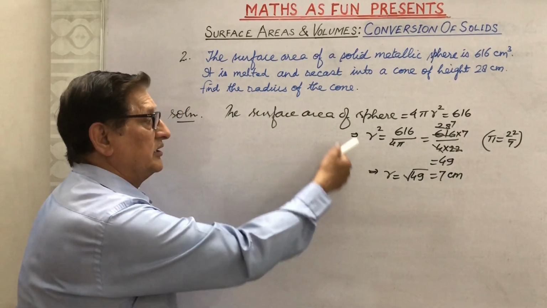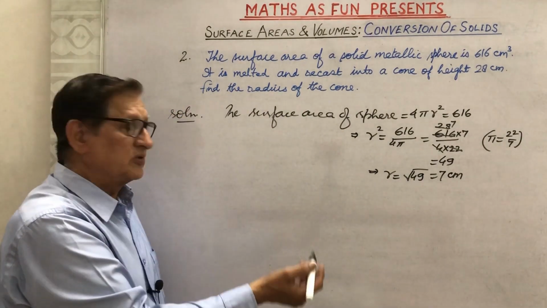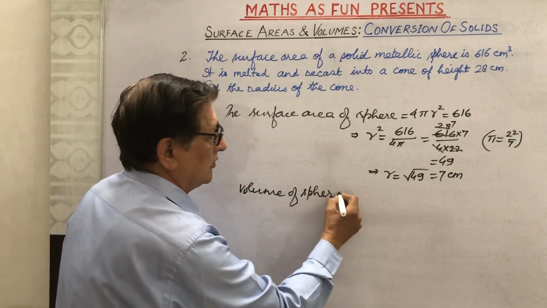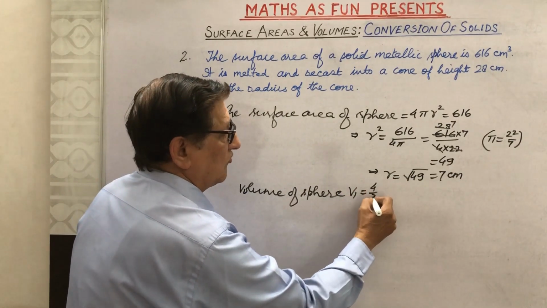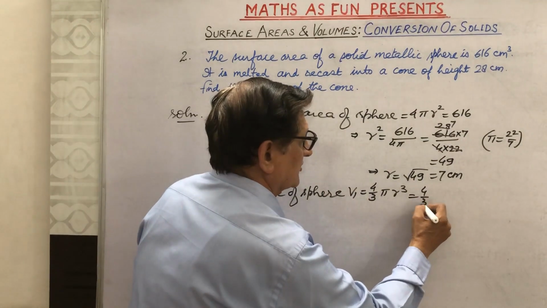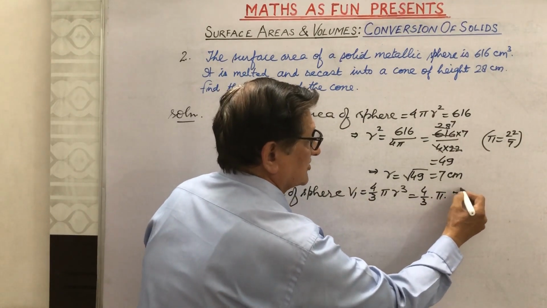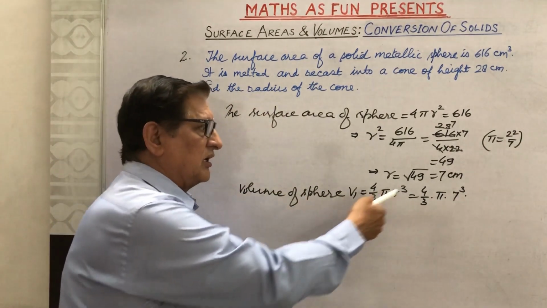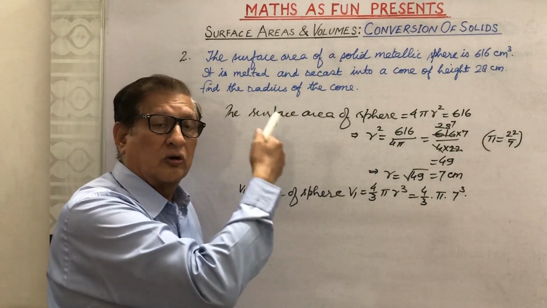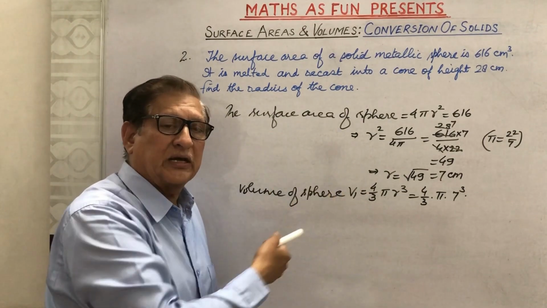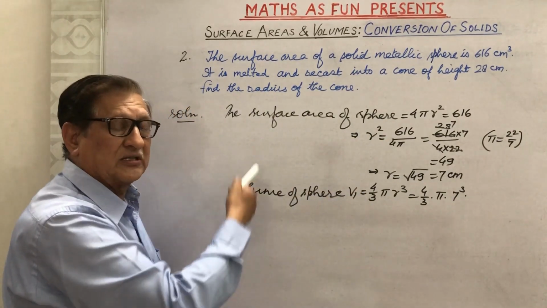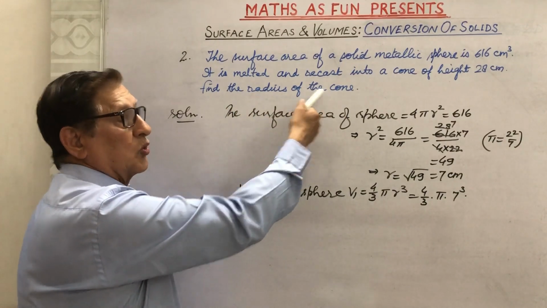After finding the radius of this, we can find out the volume of sphere. So we write volume of sphere V1 is equal to 4 by 3 pi r cube. It means 4 by 3 pi into 7 cube. We can leave this in terms of pi only, because when we equate or compare the volumes, pi will be cancelled out. So here we can write this as V1, and then we find the volume of the cone.